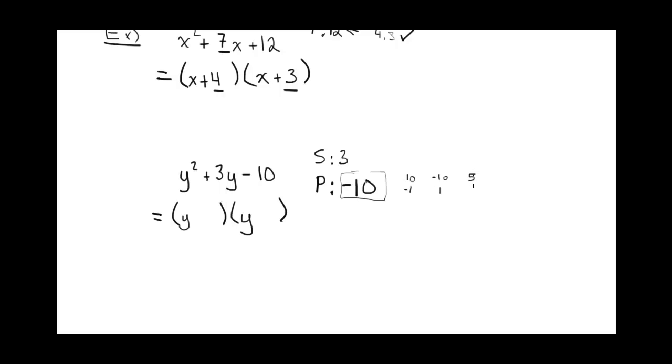So we try 5 and negative 2, or negative 5 and 2. And one of those pairs, this pair, adds to 3. Notice this pair adds to negative 3, which isn't what you want. So it's 5 and negative 2, which means we're going to have plus 5 minus 2. And that's it. So you can expand again to check.